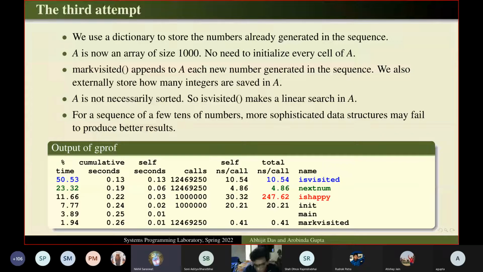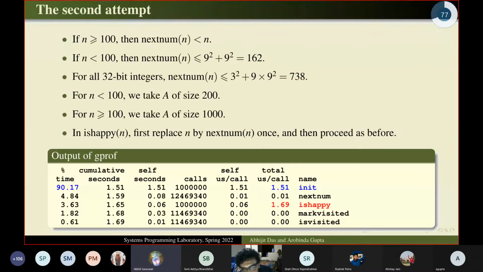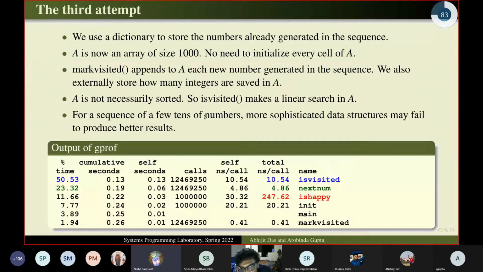experimentation, but what I want to show you is what was the absolute time in the second attempt? 1.69 microsecond. And with this third attempt, is happy is now taking 247 nanosecond. So how much improvement is that?